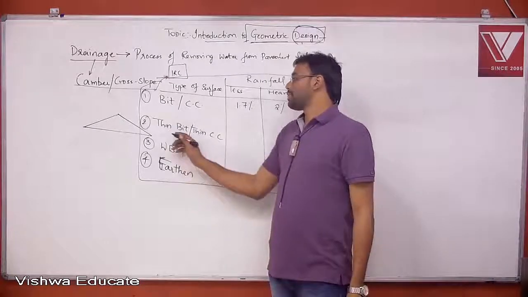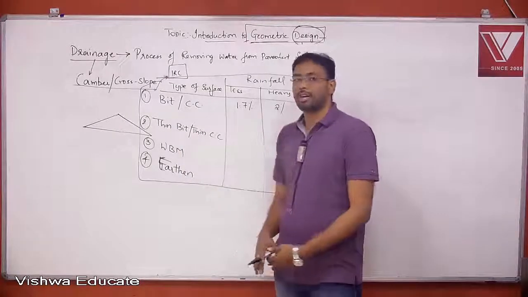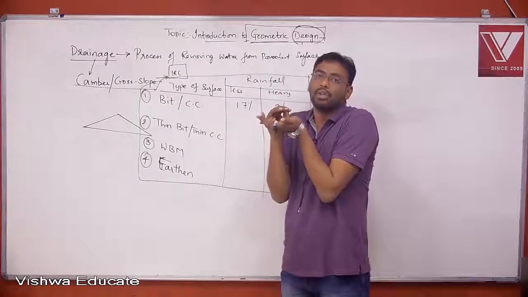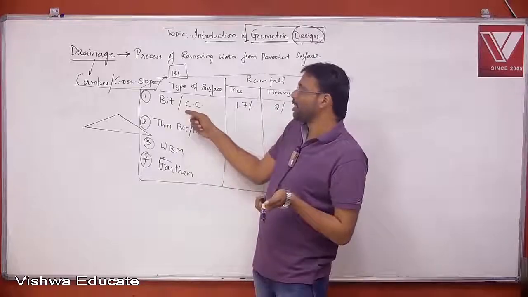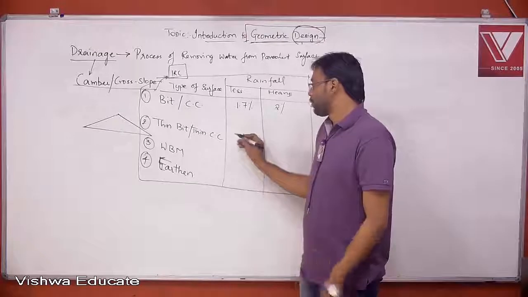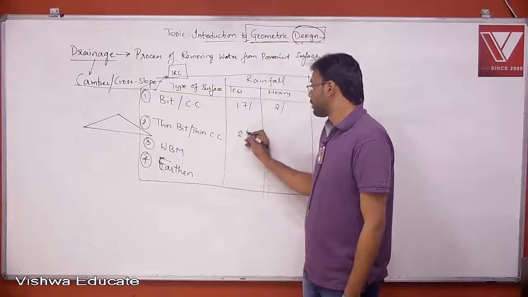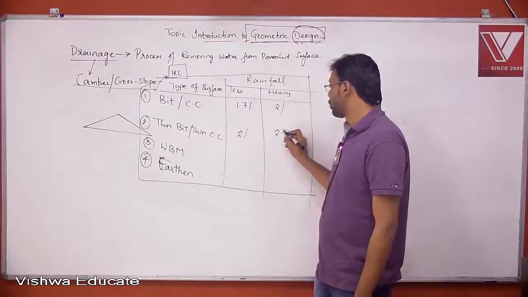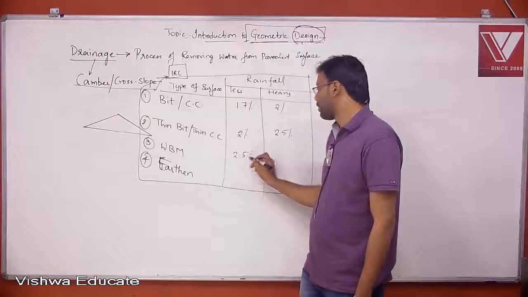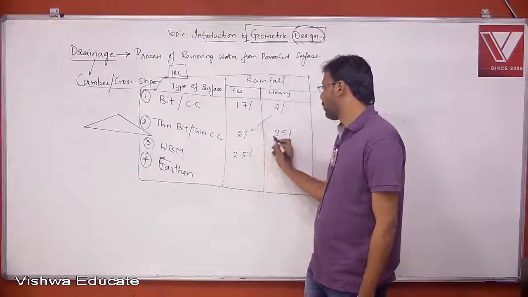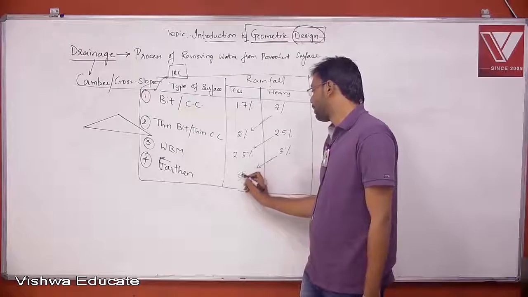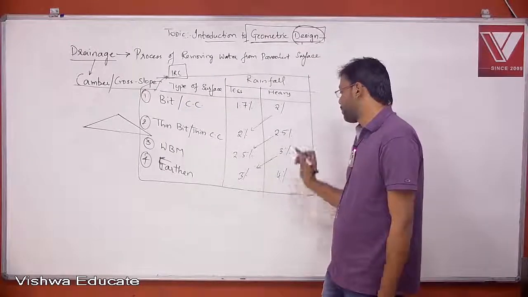Now, the second one is thin bituminous surface or a thin cement concrete, means the top surface is of lesser thickness, so the quality is lesser compared to the previous one, so the camber should obviously increase. So 2% and 2.5%. Same, easy to remember, 3% and 4%.